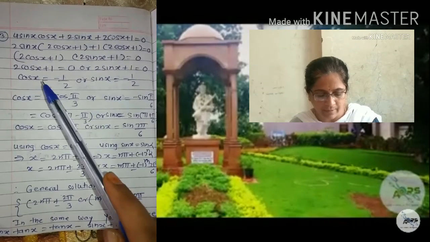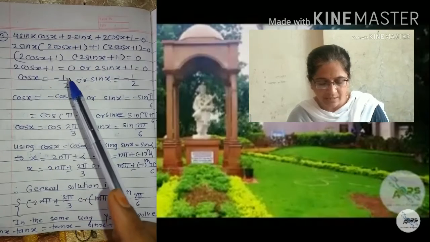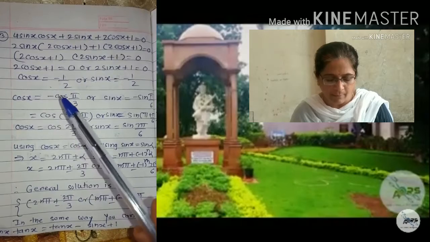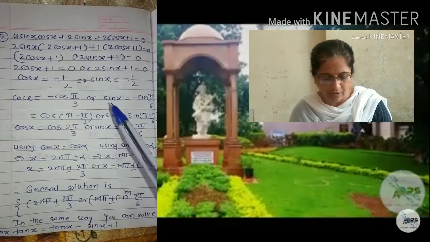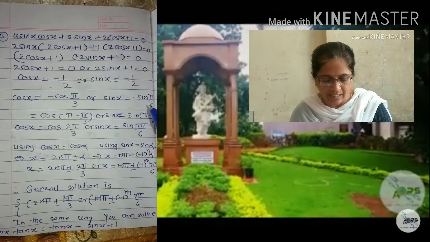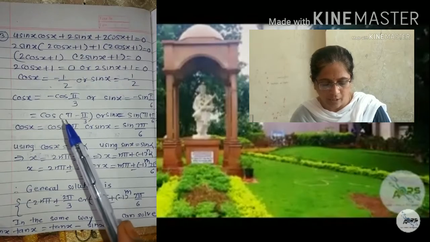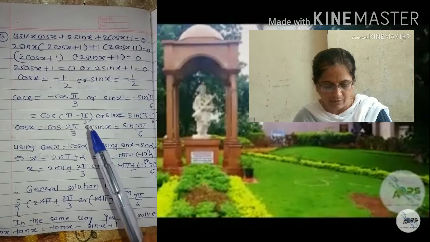Again the equations are in the form of cos x equal to cos alpha, sin x equal to sin alpha. Now the value of alpha: cos x equal to minus cos pi by 3, sin x equal to minus sin pi by 6. And we know that cos x is negative in the second quadrant, therefore minus cos pi by 3 can be written as cos of pi minus pi by 3.